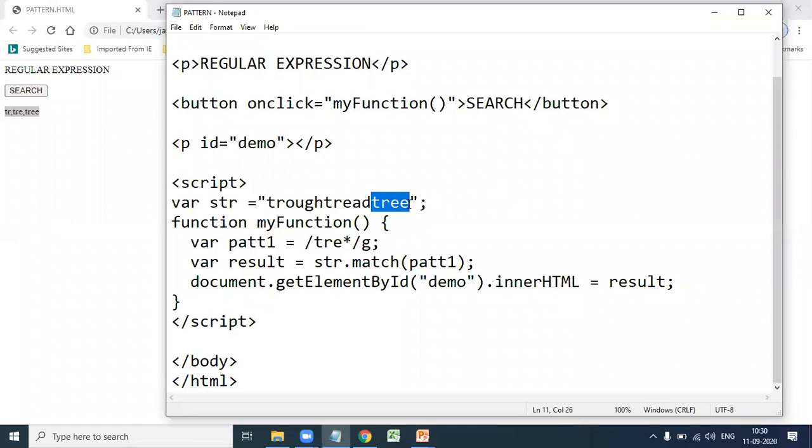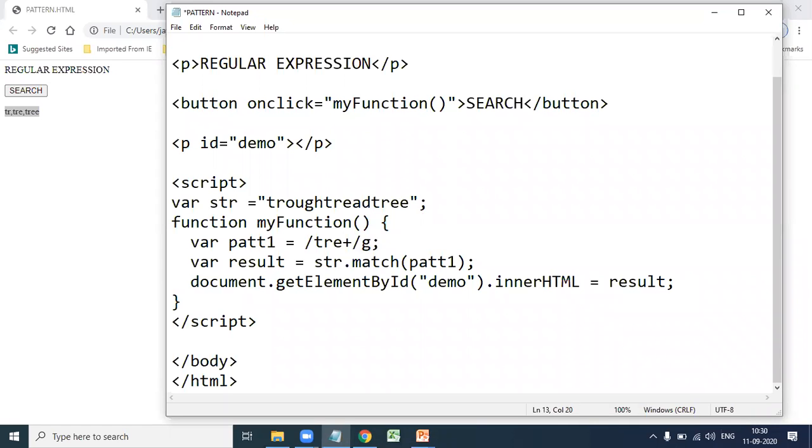Next, see the plus. Plus matches the preceding character one or more times.